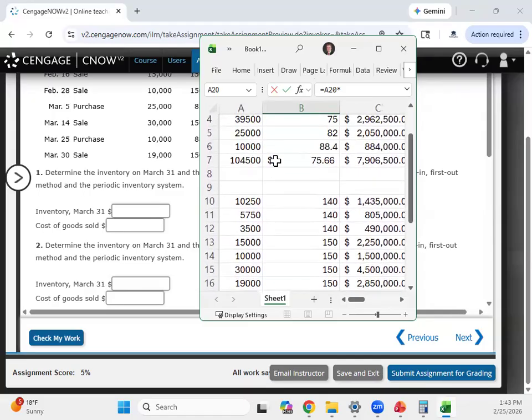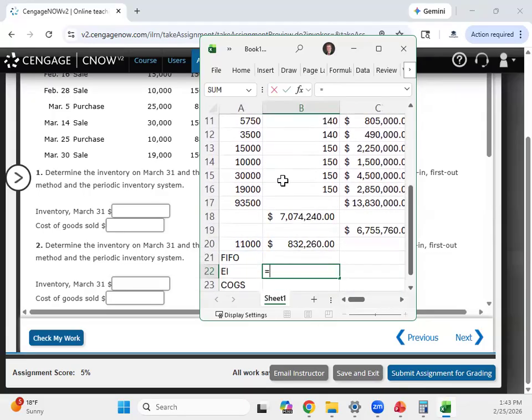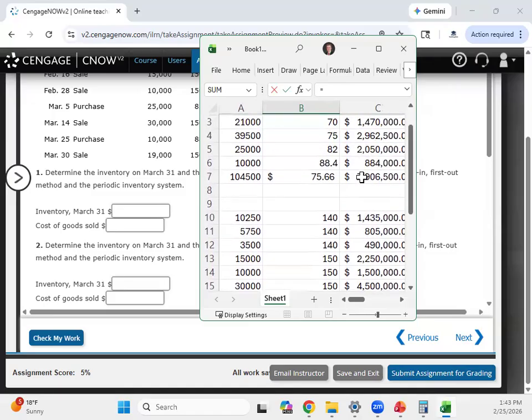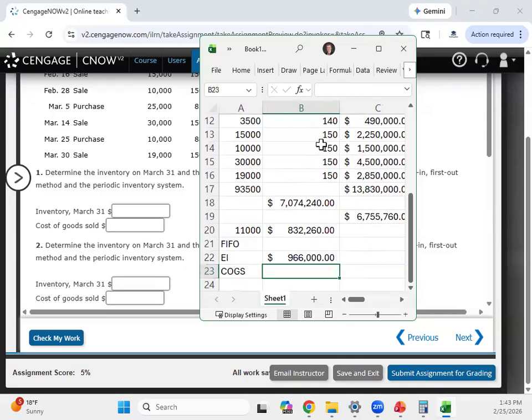So we actually need to take 10,000 from that purchase, equals 10,000 times 88.40, which is going to be this 884,000. And we add 82 times 1,000 because that's the amount of additional units from that bucket that we need.